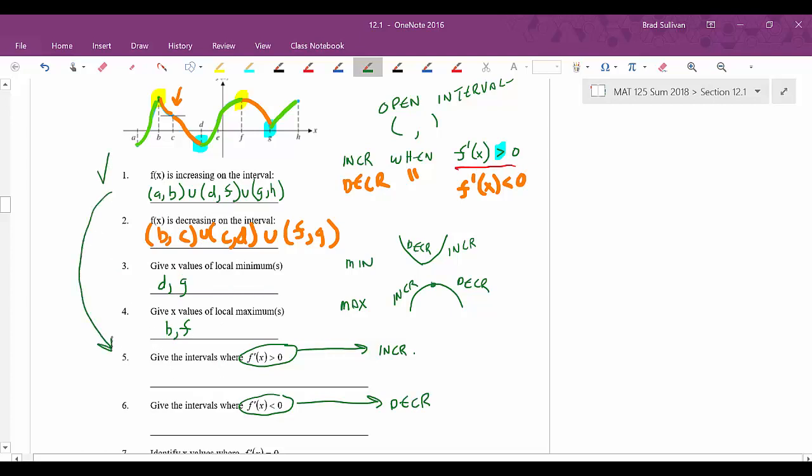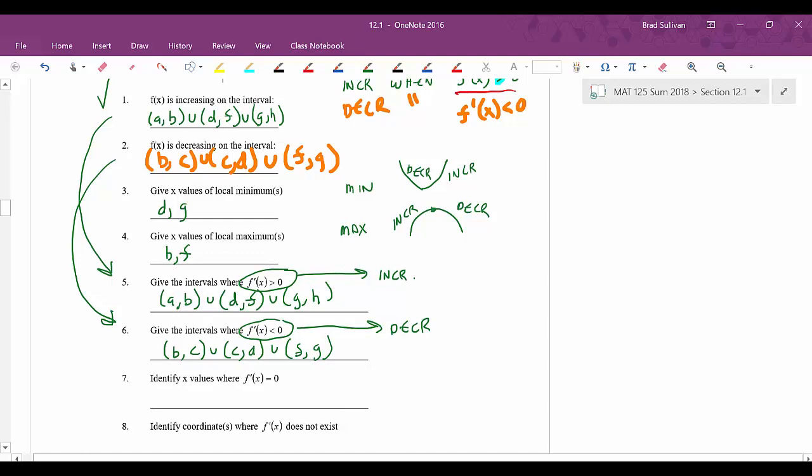Okay, so that's the same answer. From A to B, and from D to F, and then from G to H. They mean the same thing. And then decreasing would be what we did on number 2. So it'd be the same thing. It would be B to C, union C to D, and union F to G like that.